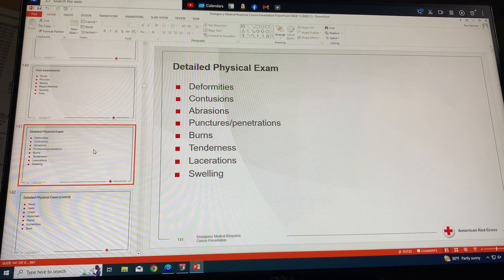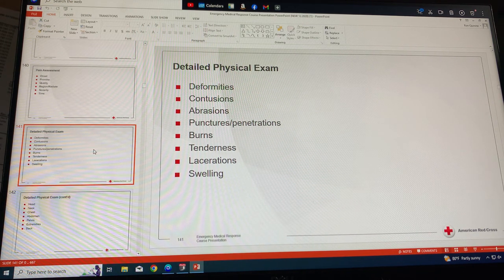By palpating, by feeling for injuries, you can determine if there are any deformities or swelling and if the patient is experiencing any pain or tenderness. Even if the patient cannot tell you, you can observe any grimacing on the patient's face.